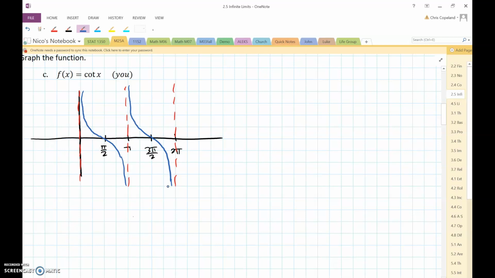Okay, so here are 2 cycles of the cotangent function. This obviously repeats forever, so you have vertical asymptotes that go on forever.